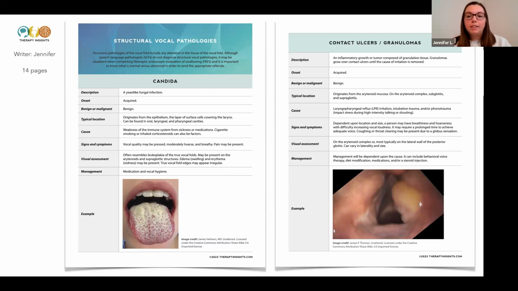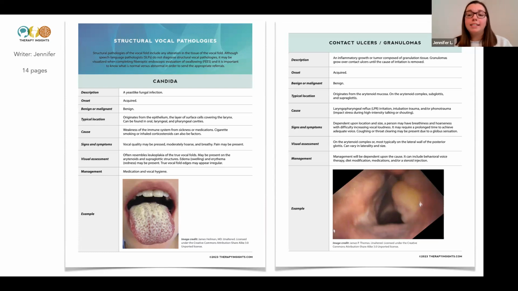Pain also may be present. I've had patients in the past with pharyngeal, laryngeal candida, and they had a lot of pain with swallowing. So they wanted to be on a modified diet just because of that pain, and it was more comfortable for them. It often resembles leukoplakia, which is another pathology that we talk about in this resource.